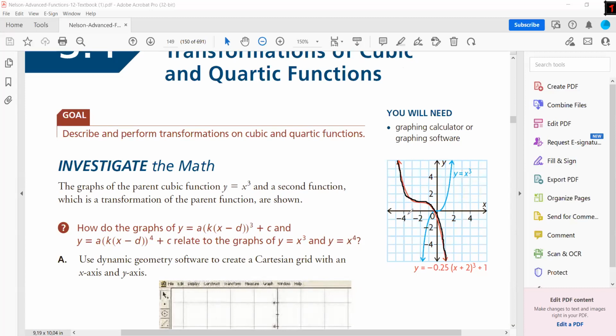It rises to the left and falls to the right. Also, the point where we have zero or almost zero rate of change has been displaced 1 unit upwards. We can see that this is this point. It's been translated 1 unit upwards.